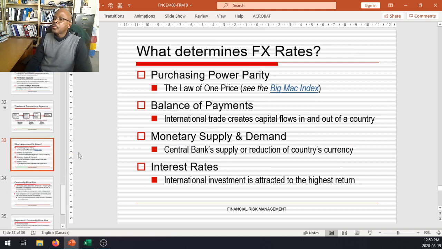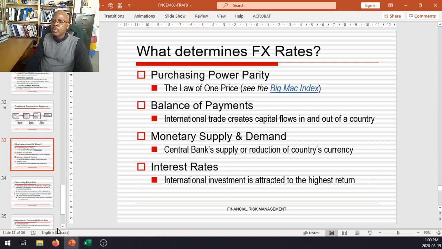So you should know, when it comes to foreign exchange risk, what determines foreign exchange rates. And these are the four basic factors that determine foreign exchange rates, that contribute, shall we say, to foreign exchange risk: the PPP, or purchasing power parity, the balance of payments from one country to the next, monetary supply and demand, including essentially the central bank's monetary policy, and of course interest rates and the international Fisher effect.